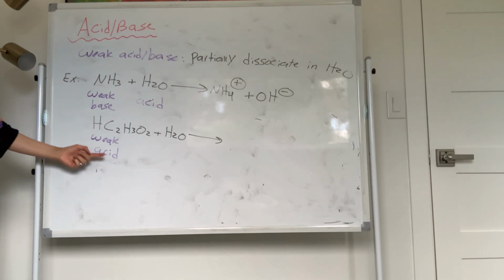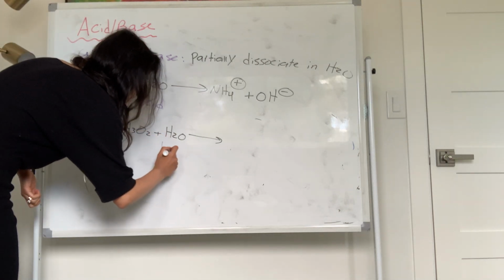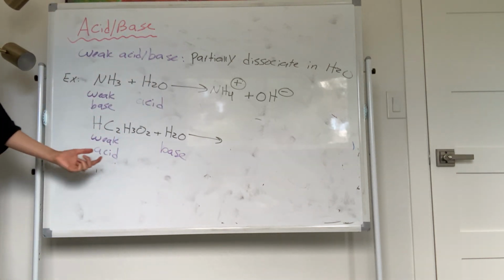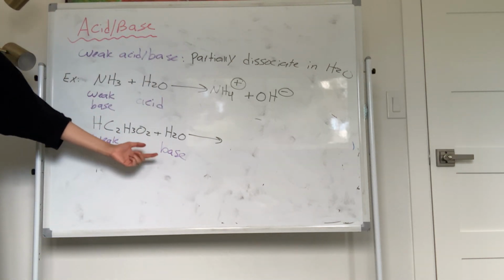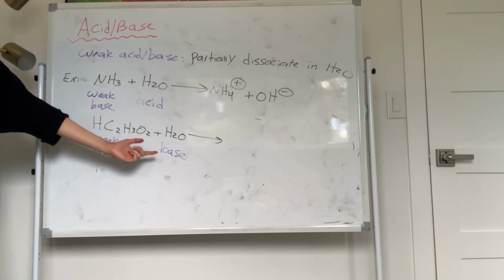So if this is my acid, that means water is going to be my base. You guys are good so far? The acid is going to lose the H plus. Water is going to get the H plus.